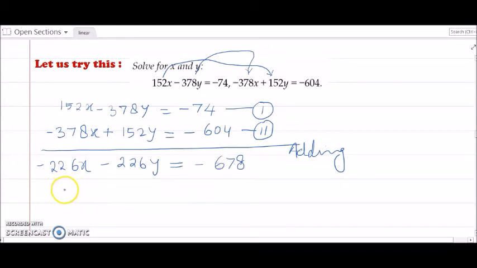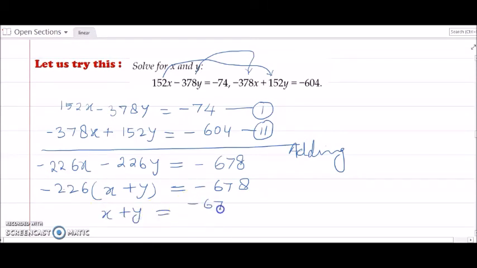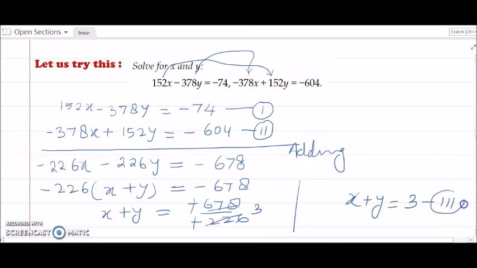Take minus 226 common. You will get x plus y, and if you find the value of x plus y, you will get minus 678 upon minus 226. Minus minus, you can cancel out, 3. You got one equation, x plus y is equal to 3. This is your third equation.